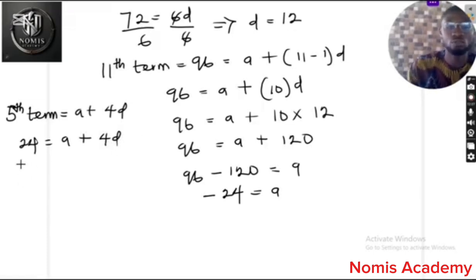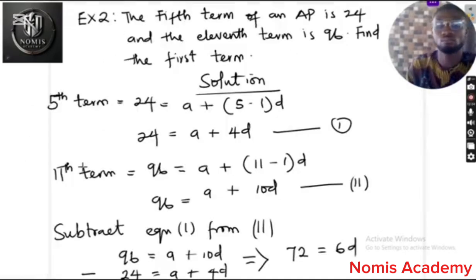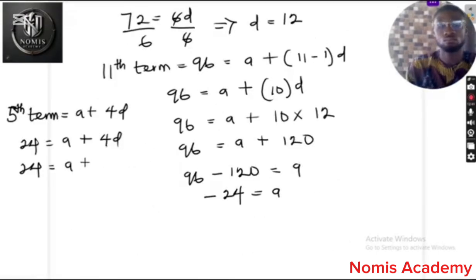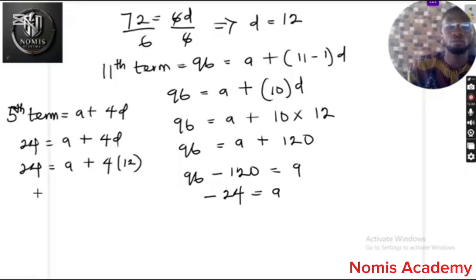So that 24 is equal to a plus 4 multiplied by 12, the common difference. So 24 is equal to a plus 4 times 12 is 48.